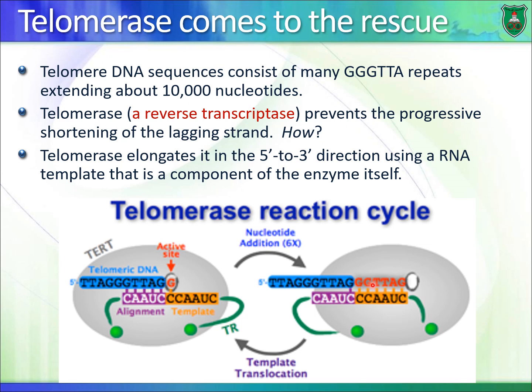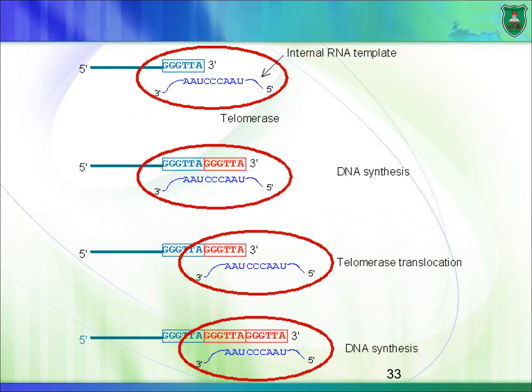It keeps on adding the same repeat, the same sequences, and that's why telomeres, telomere by the way means end, are composed of repetitive sequences of DNA. So this is what it actually does. It uses the RNA that is associated with it to elongate the template of the lagging strand. It keeps on adding the same exact sequence over and over again.